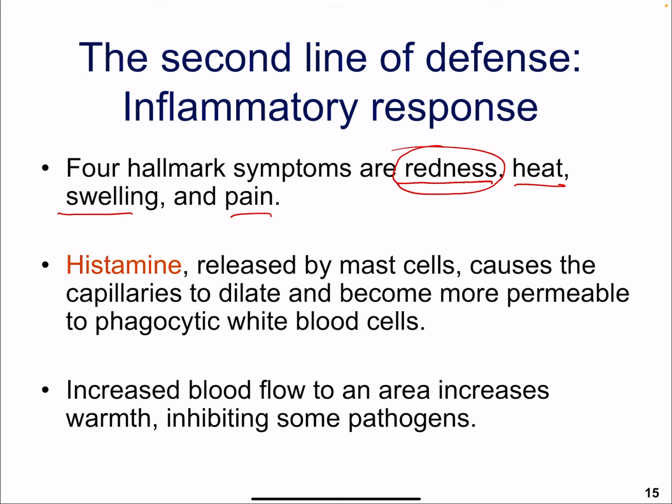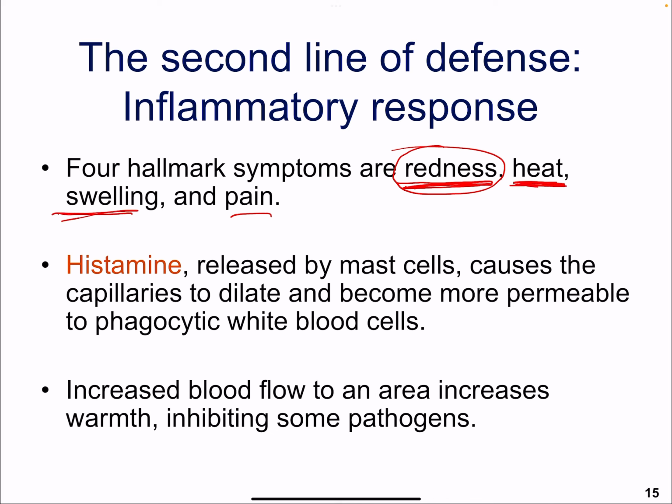With vasodilation, during inflammatory response, you have an expansion of the blood vessel. They get so close to the surface of the skin that your skin looks red. That's the redness. Now, that vasodilation also goes alongside with a high flow of blood. That high flow of blood is going to create heat. That's why you have that heat.